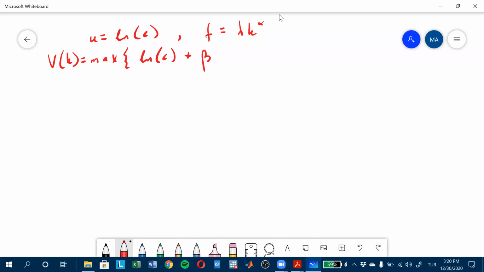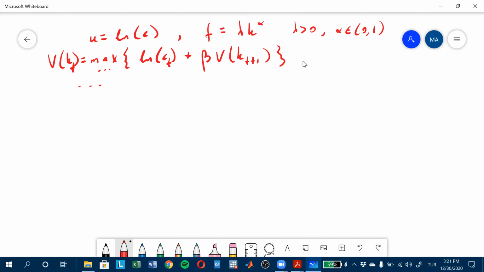And then C plus beta V. Here I have lambda positive, alpha between 0 and 1. So I have V of K_{t+1}. This is C_t, this is K_t. I'm not writing the other stuff, but it's there, as you know.